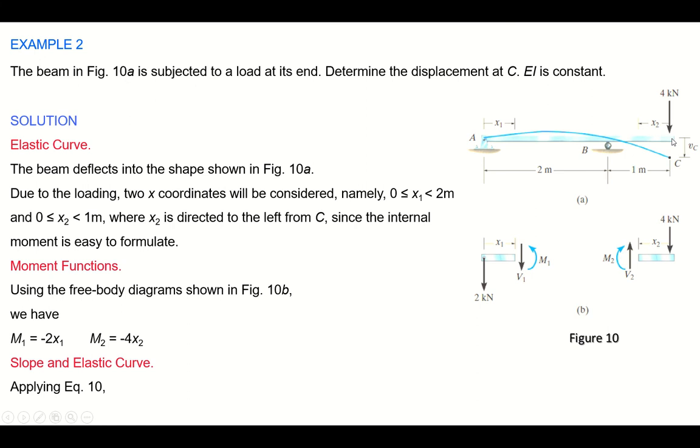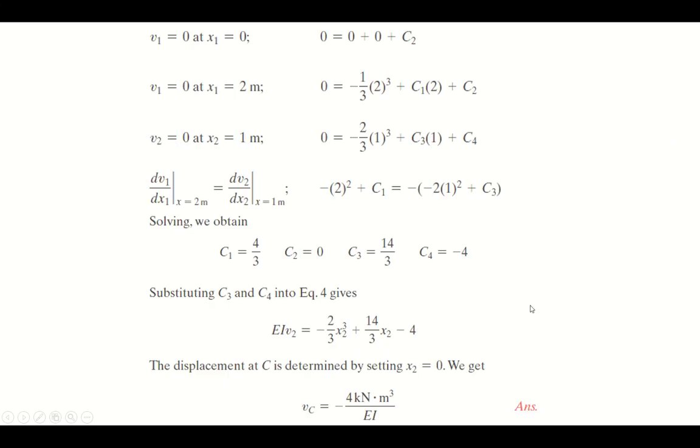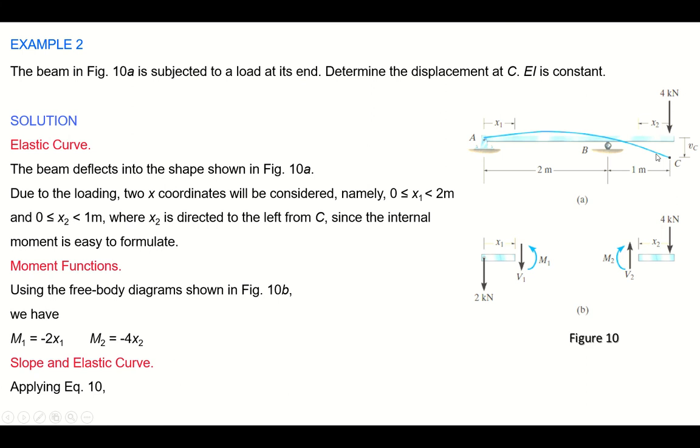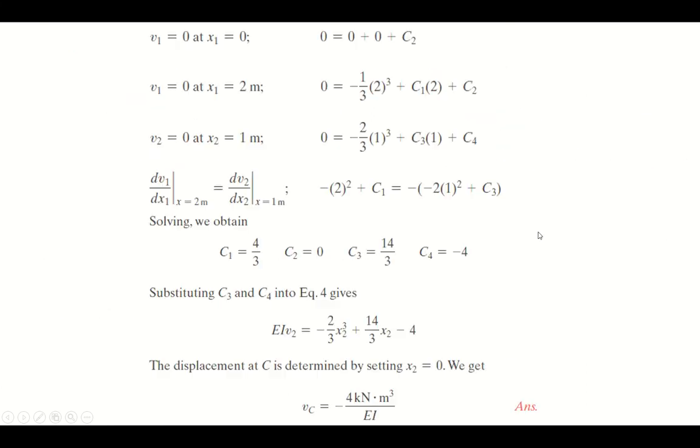So put x2 equal to 0 in this equation, and you will get mu C is equal to 4 minus 4, right? So this is our answer for the displacement or deflection at this point C. That's how we determined the deflection at the free end where the point load was applied.